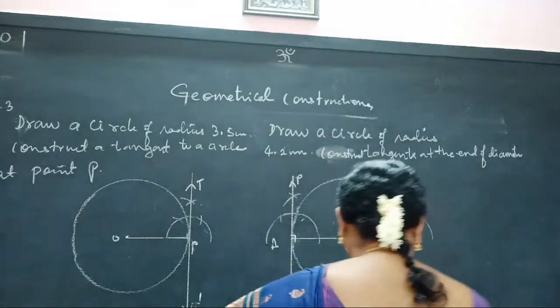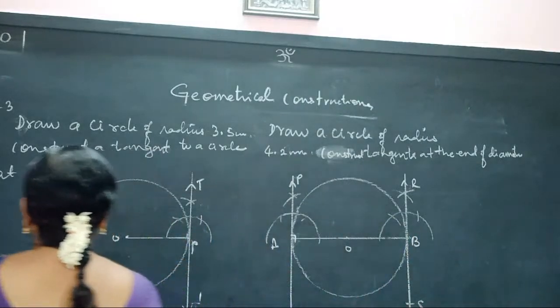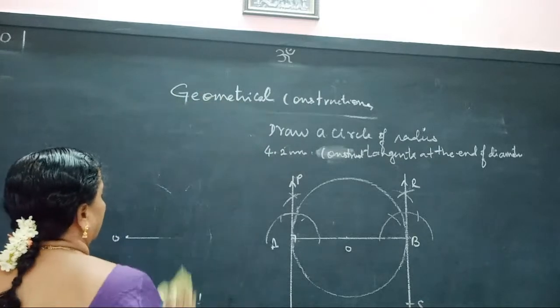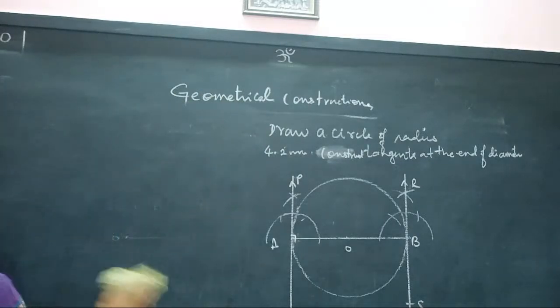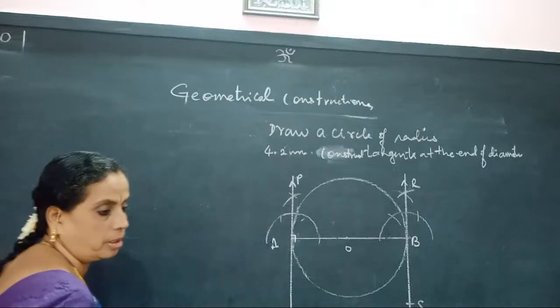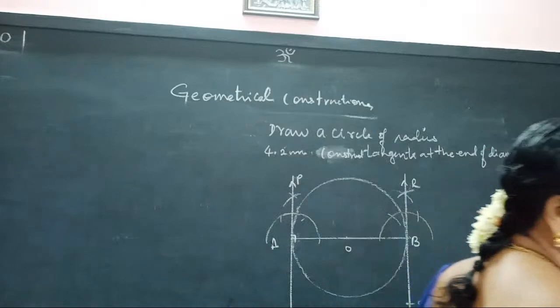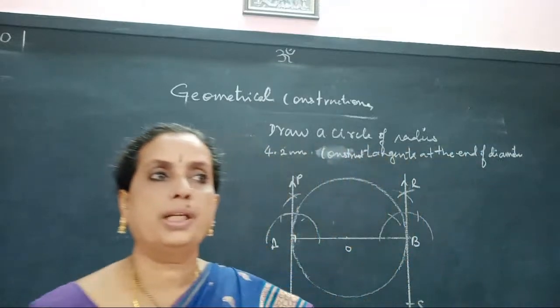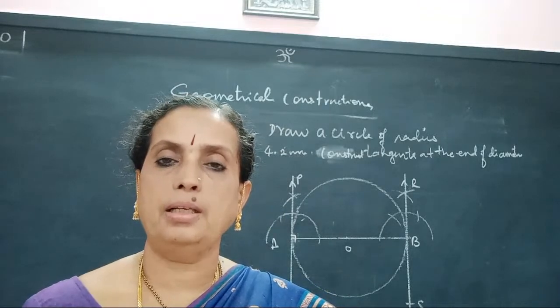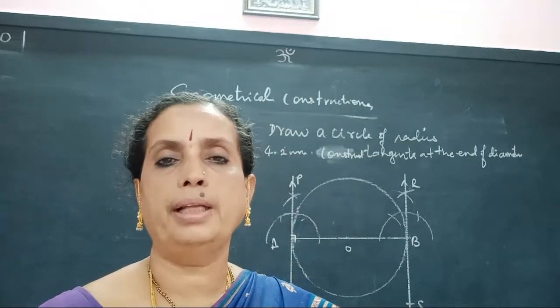Now I do the construction of pair of tangents to a circle from an external point. Here comes one of the properties: tangents drawn from an external point to a circle are equal in length.